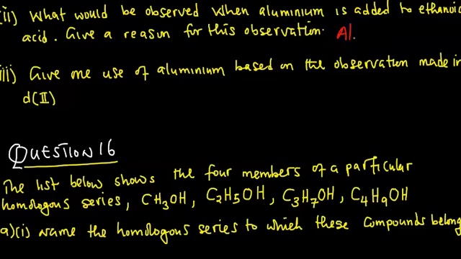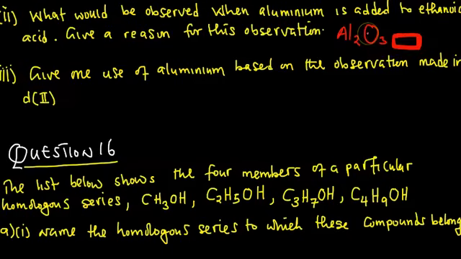It forms aluminium oxide, which forms a coat on top of the aluminium. This coat protects the metal from reacting, and hence no reaction will occur.